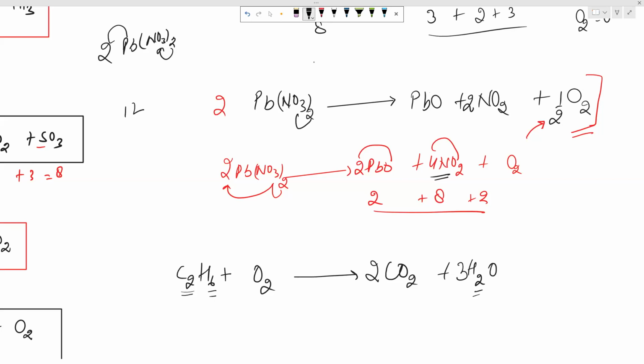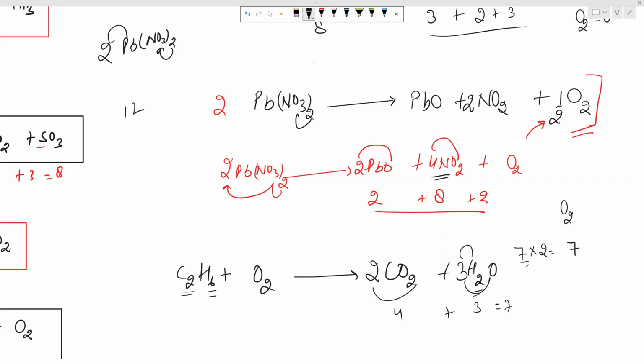Harshit, you understood this one? Yes, sir. Now you find that here there are total 7 oxygen, 4 here and 3 here. Now how can you make this 2 into 7?